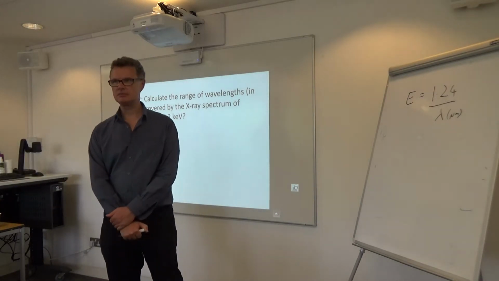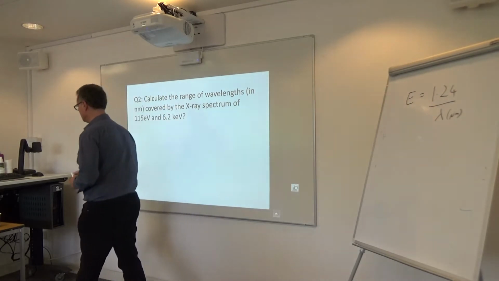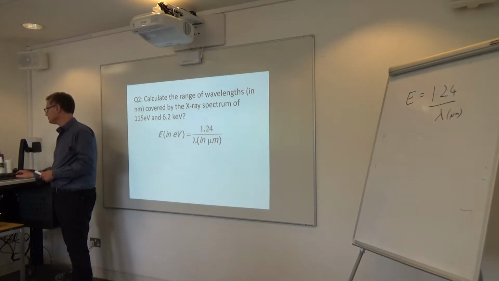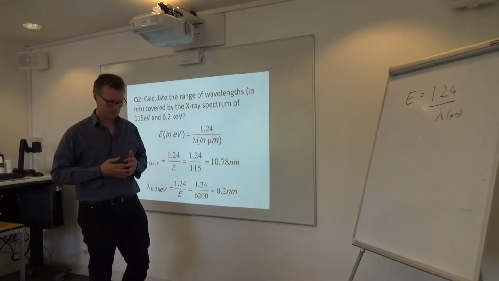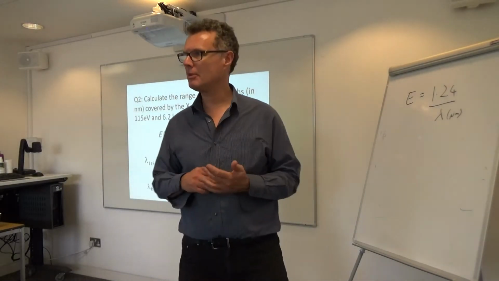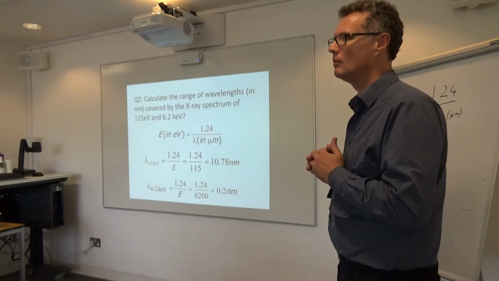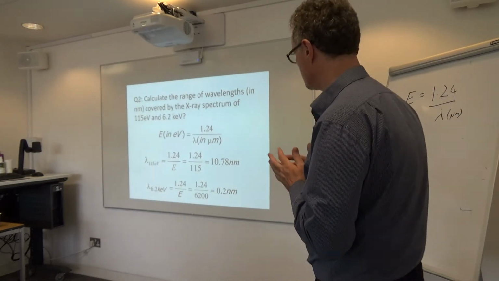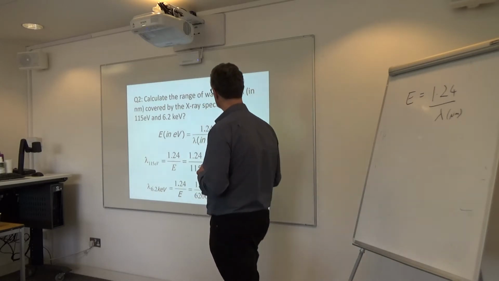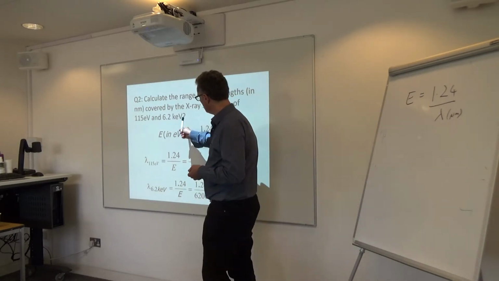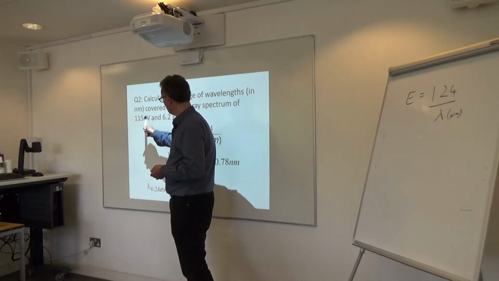David, you got some answers? 0.2 to 11 nanometers. Well done. How about everyone else? Okay, so this equation is in electron volts, so we don't want to be converting our electron volts to anything.